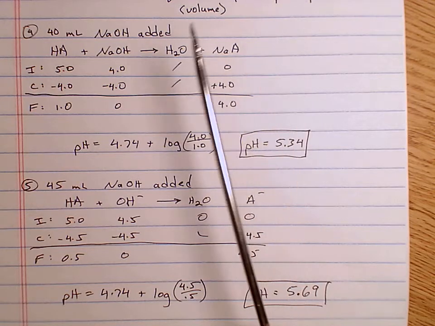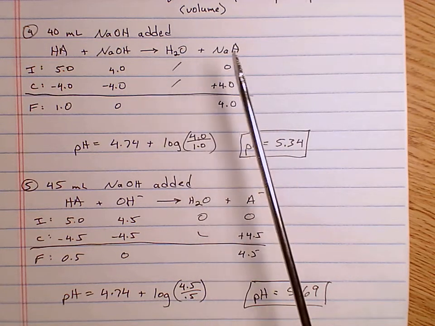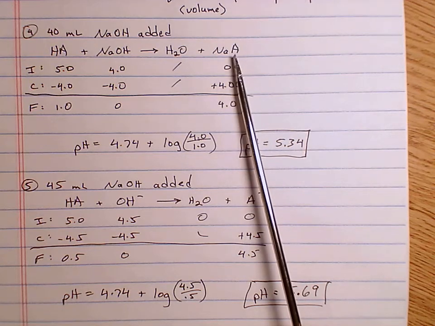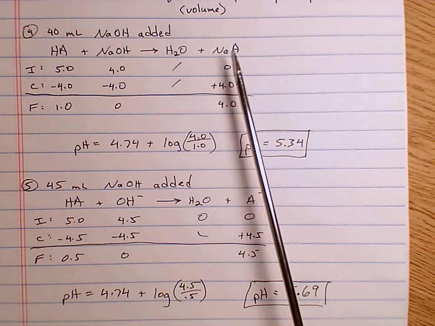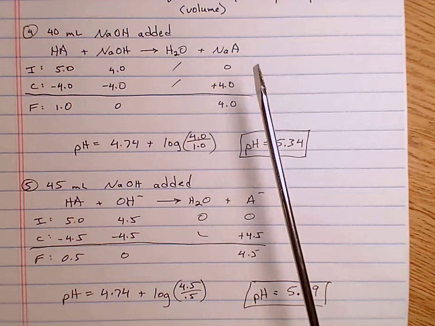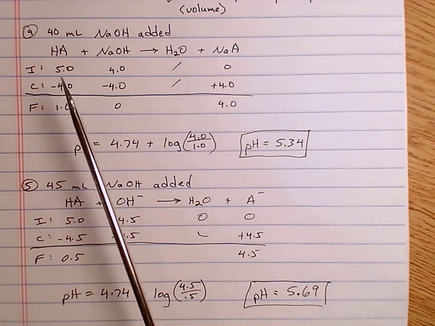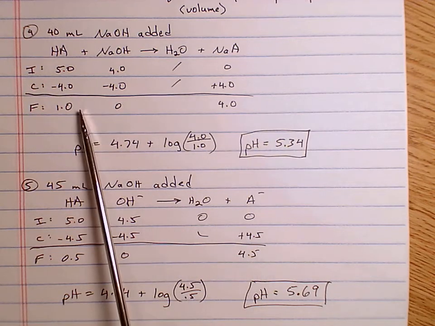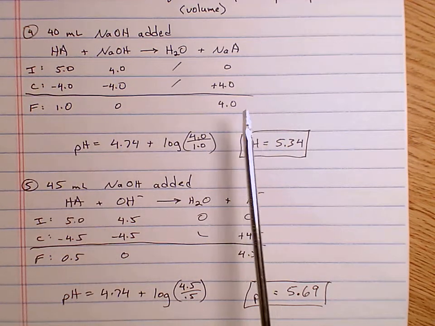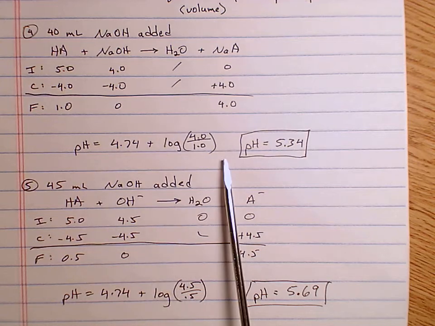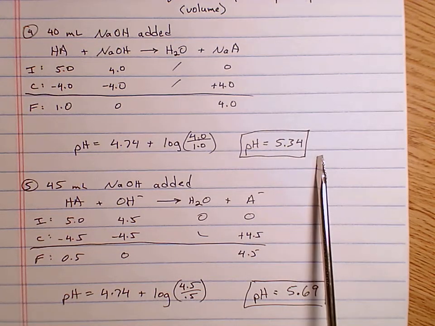With a weak acid, we know the conjugate base of a weak acid is a weak base. We know that A minus here, or NaA, does affect pH, so we have to include that in here. All right, but we still have a buffer solution. We still have HA, we still have its conjugate base. Henderson-Hasselbalch, pH is 5.34.